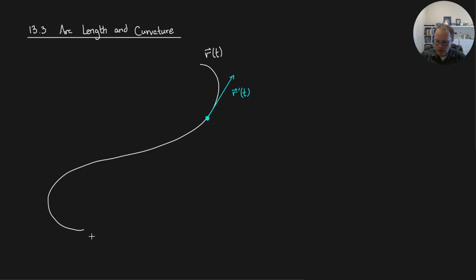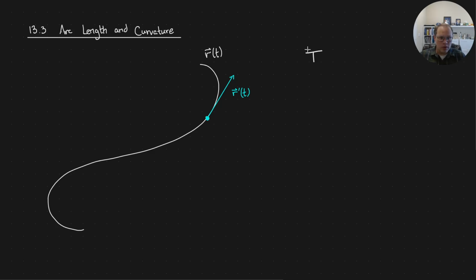Depending on how we are tracing out that curve, whether we're going nice and slow or whether we're going fast, will determine the length of that tangent vector, okay? Now, as we said, we want to take away those differences. We want to focus on what's common to the curve, not how we trace out the curve, okay?